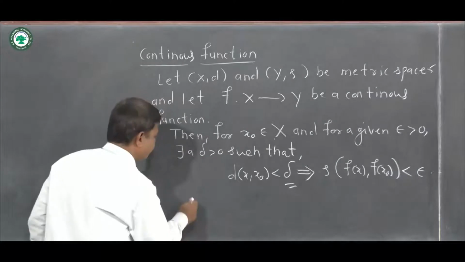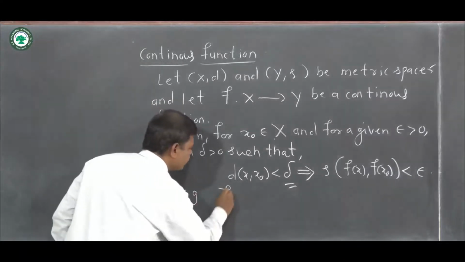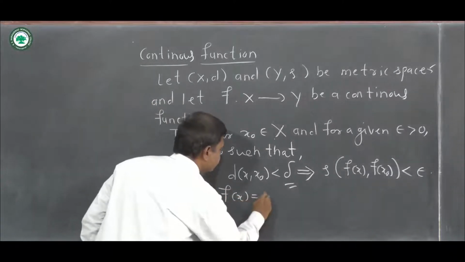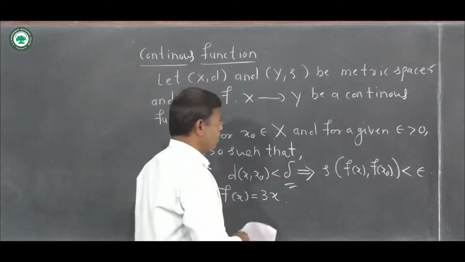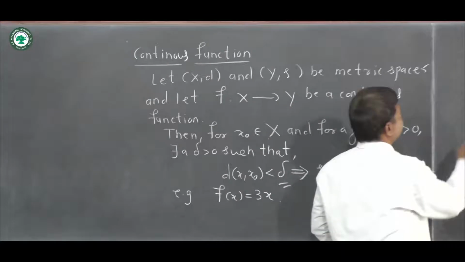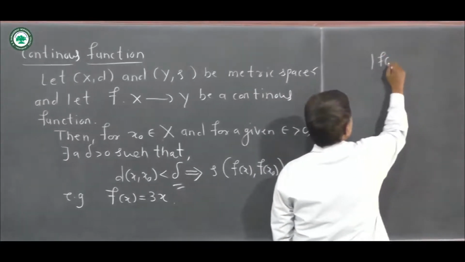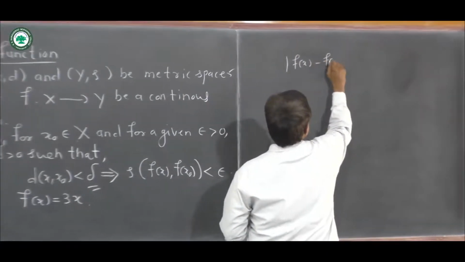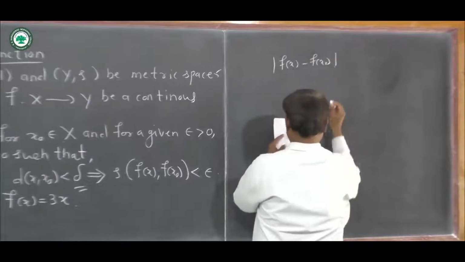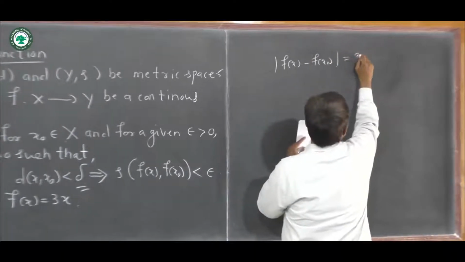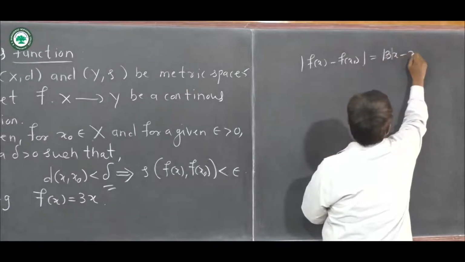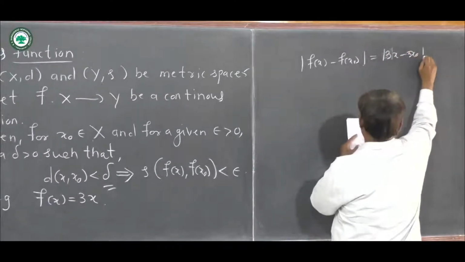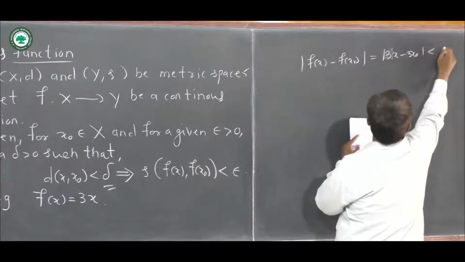So if we take f(x) equal to 3x, a function from R_u to R_u, then mod of f(x) minus f(x naught) is equal to 3x minus 3x naught, and this is less than epsilon.